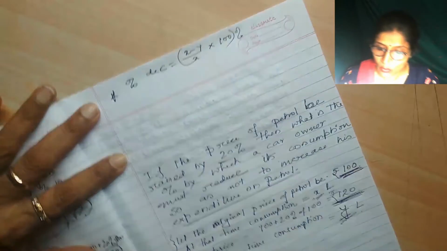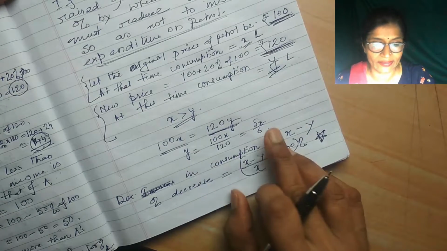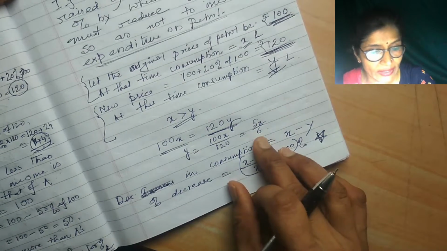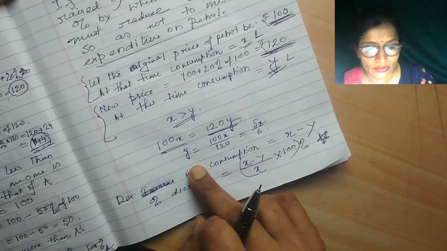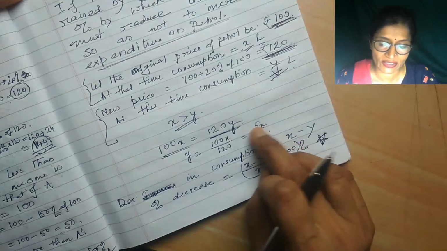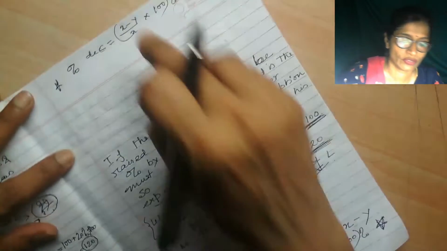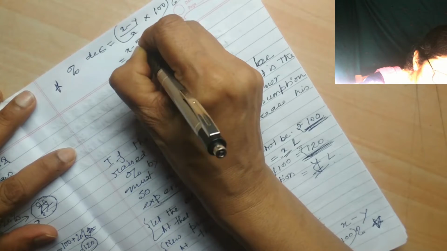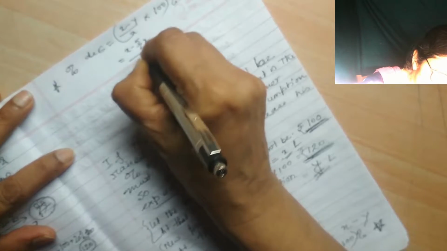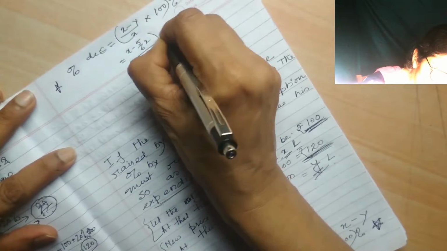Now I know that I can replace Y, because 5X by 6 is equal to Y. So in place of Y I will write X minus 5 by 6 X, divided by X, into 100%.